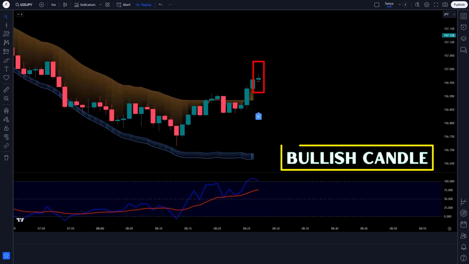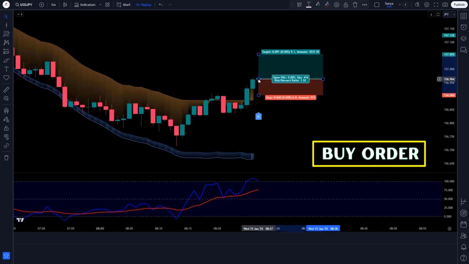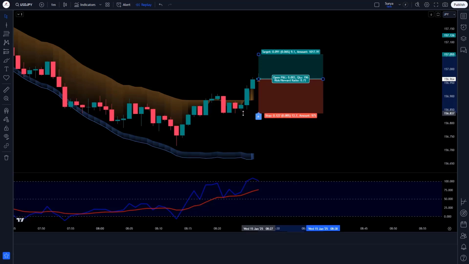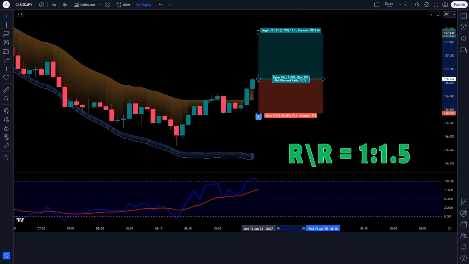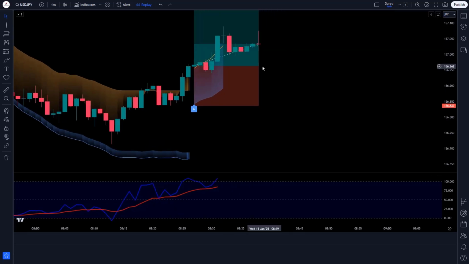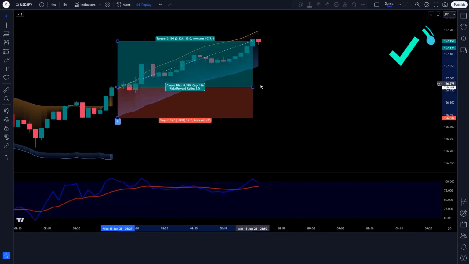When the market forms a bullish candle, if these conditions are met, we will take a buy order. Our stop loss is to be placed at the previous low of the market, and the risk to reward ratio will be 1 to 1.5. Let's see what happens to our trade. Our trade is running in profit. We have won the trade.